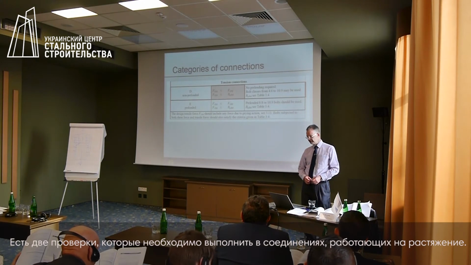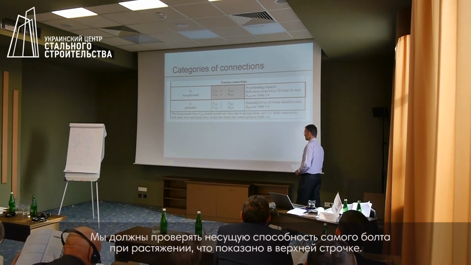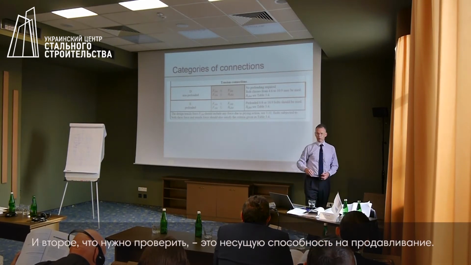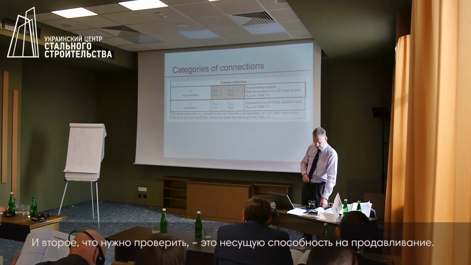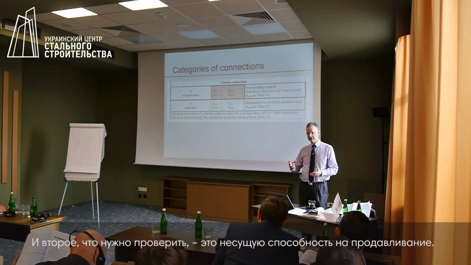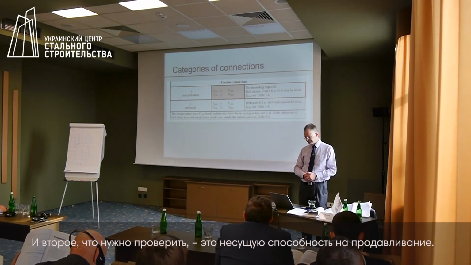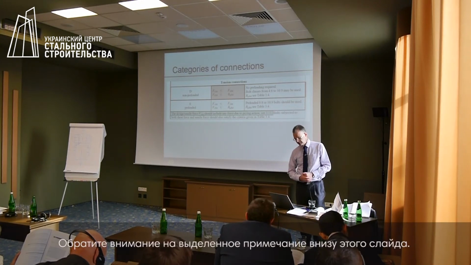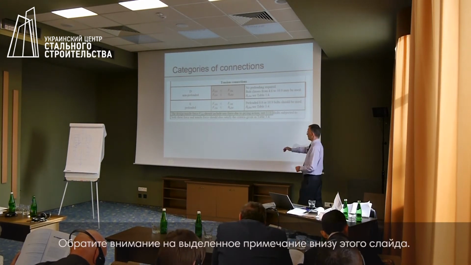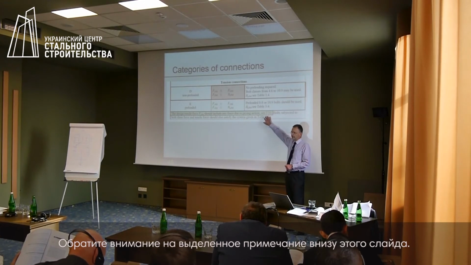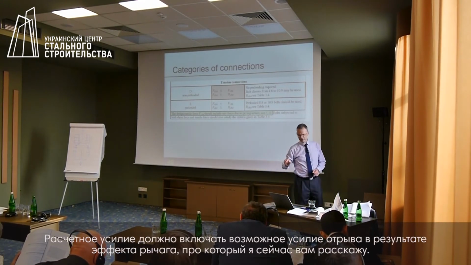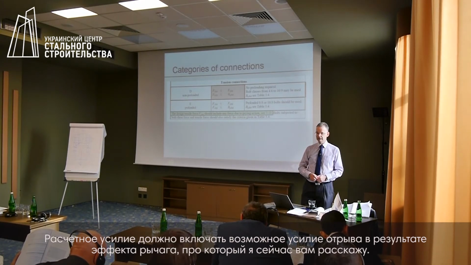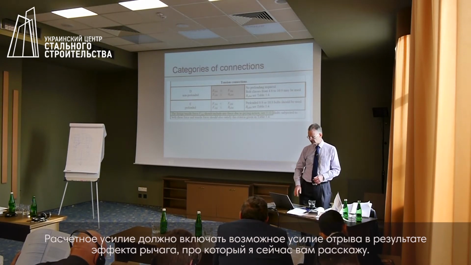We must check the tension resistance of the bolt itself, that's the top line. And the second one is that we must check that the bolt does not punch directly through the material. And I will talk about that with you in a moment. Notice the highlighted comment at the bottom of this slide. The design force must include the prying action, and I will describe prying action in a moment.